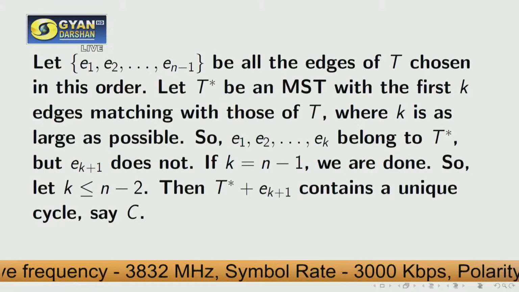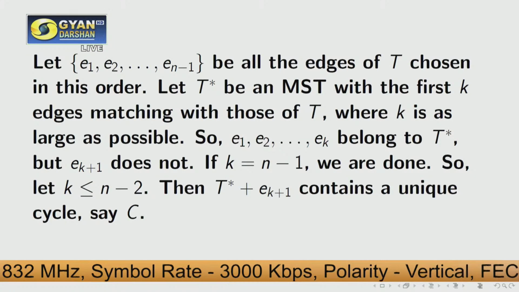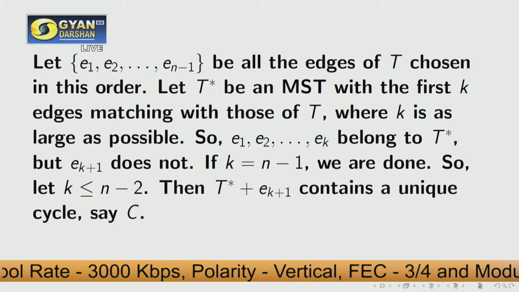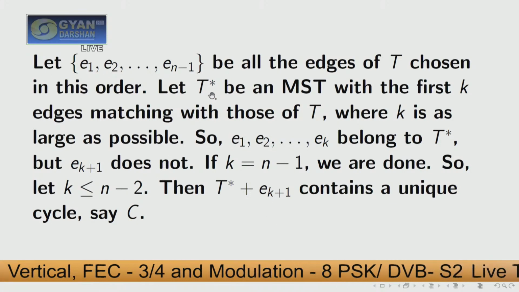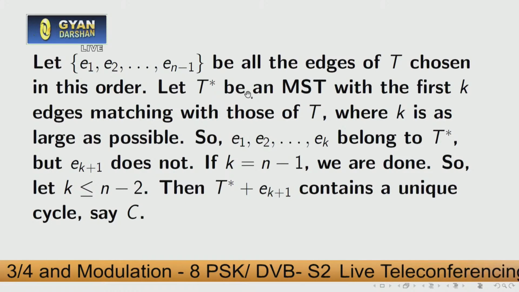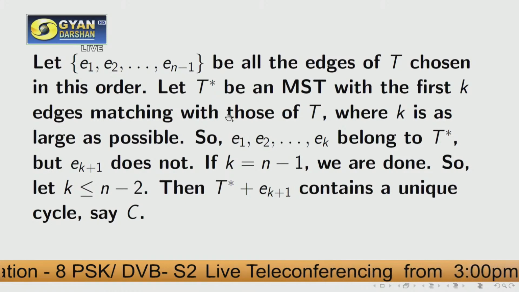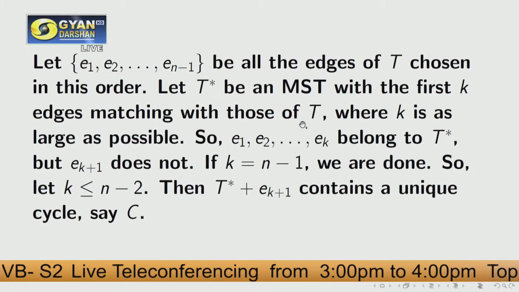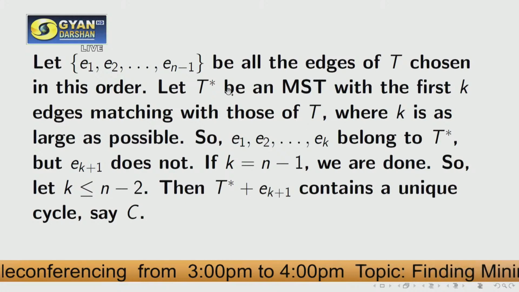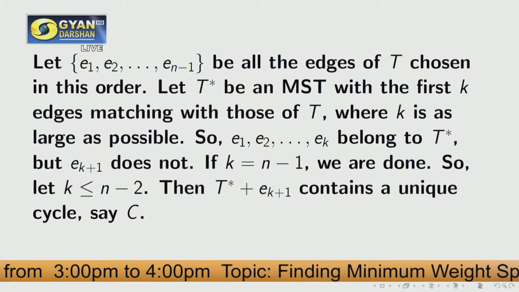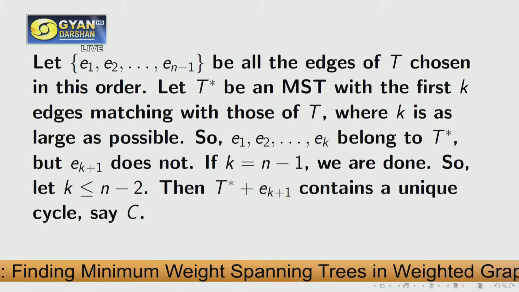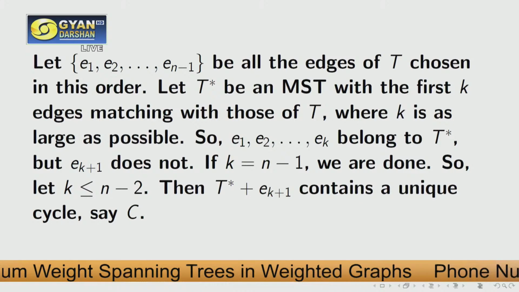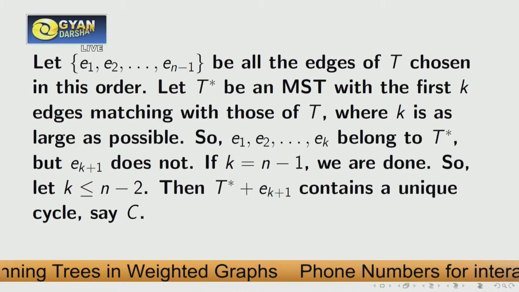So first let us call the edges of T as E1, E2 up to En-1. Right. So these are the edges which are chosen in this order, right, in the specific order. And let T star be any MST with the first k edges matching with those of T. So in general T star could be any MST, right? There could be a possibility that there are no edges which are matching with the edges of T, but we are just assuming a case, so that k could also be 0 here.